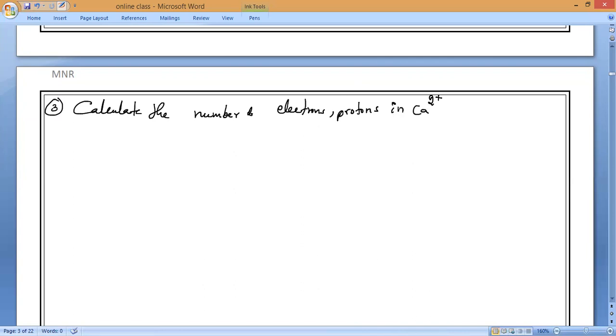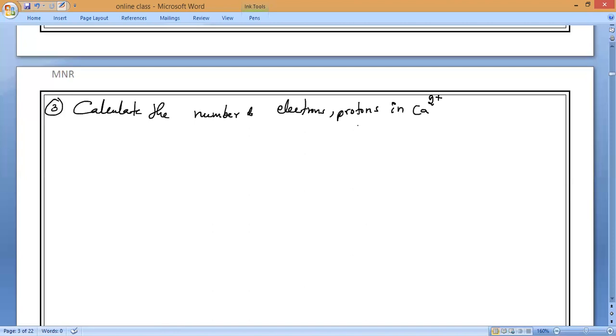Ca2 plus, again cation or anion? Cation. So loss of electrons or gain of electrons? Loss of electrons. So while calculating the number of electrons, we have to add electrons or remove the electrons? Add electrons. Keep in mind that.